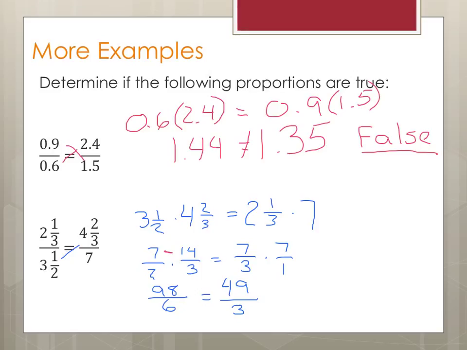So 98 divided by 6 is going to be 16.3 repeating. I'm going to write this over here, 16.3 repeating. And is that equal to the second? 49 divided by 3 is also 16.3 repeating. So these cross products are equal. This proportion is true.